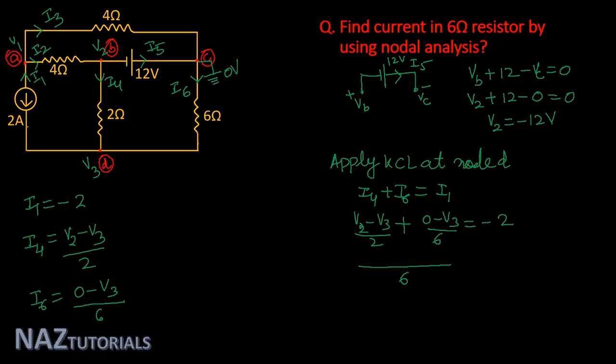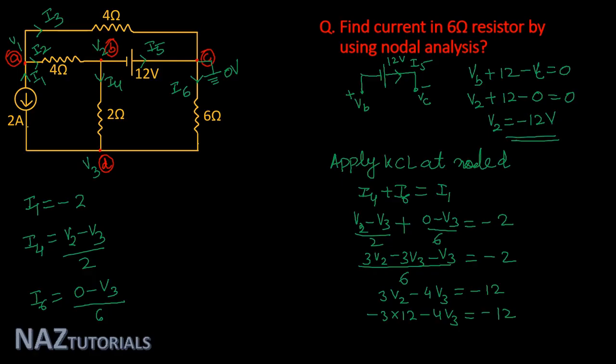Take LCM, that is 3V2 minus 3V3 minus V3 is equal to minus 2. Here you can write 3V2 minus 4V3 is equal to minus 12. Here you know V2 is equal to minus 12 volt, so minus 3 into 12 minus 4V3 is equal to minus 12.